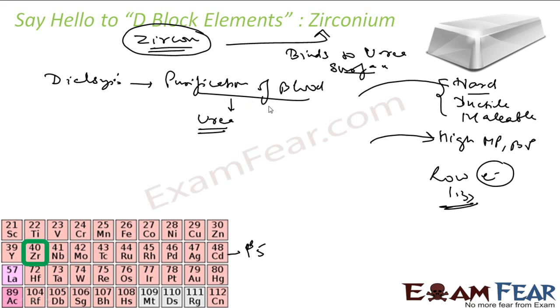If the kidney is working fine, the urea is excreted out by the system, right? But if not, the urea content in the blood increases, and that makes a patient uncomfortable, and the patient may even die. So in that case, the dialysis process is used. In dialysis, the blood is made to pass through zirconium, and zirconium binds the urea. So the blood is purified because the urea is bound to zirconium.